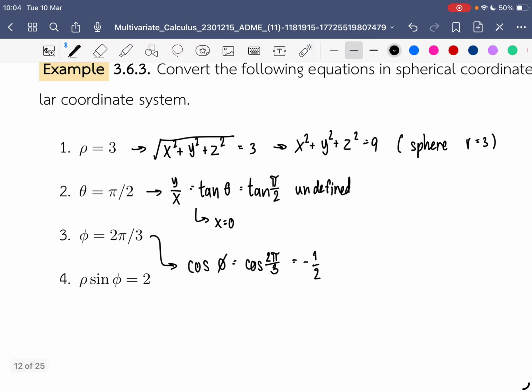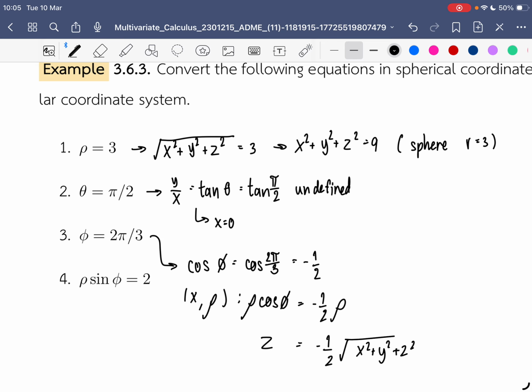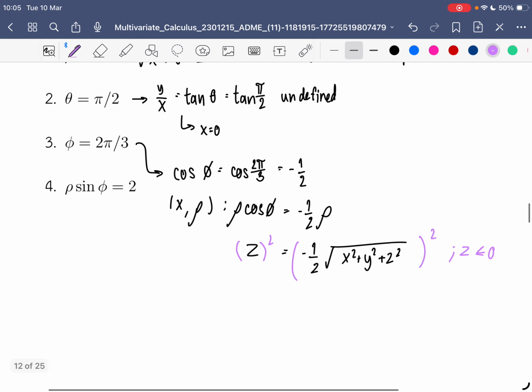So I'm going to square both sides. I get z squared is 1 over 4 times x squared plus y squared plus z squared. Then I do a little bit of algebra and I get to this form.